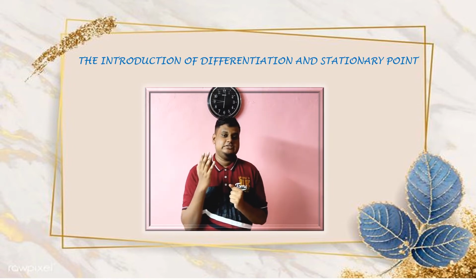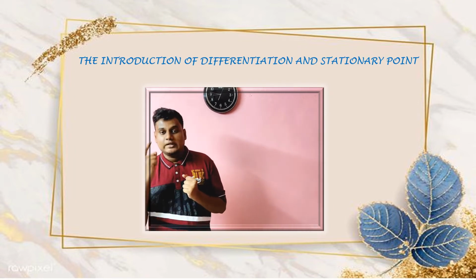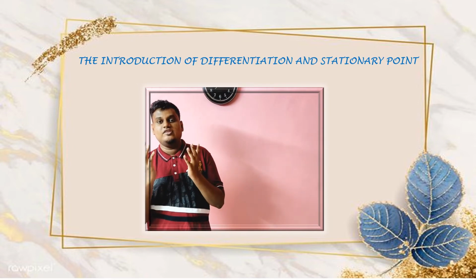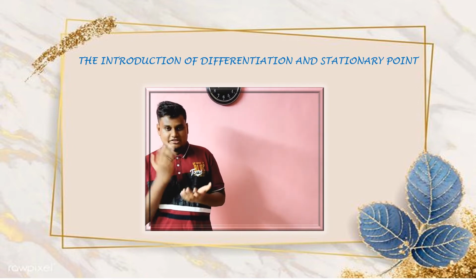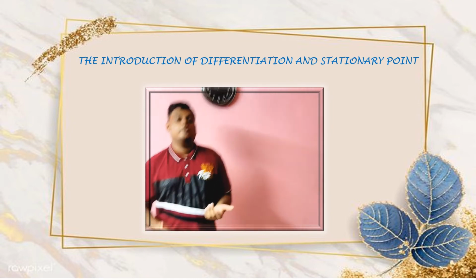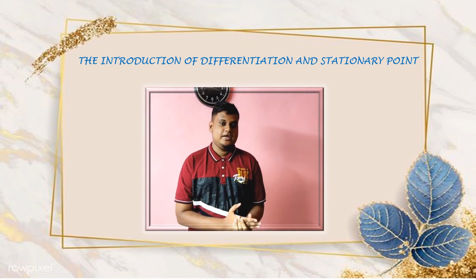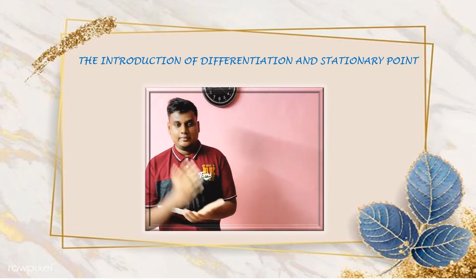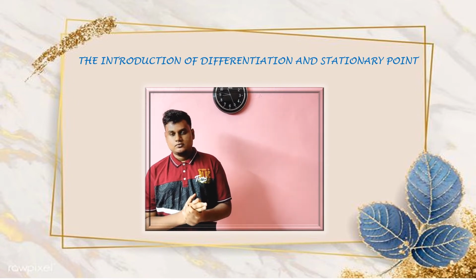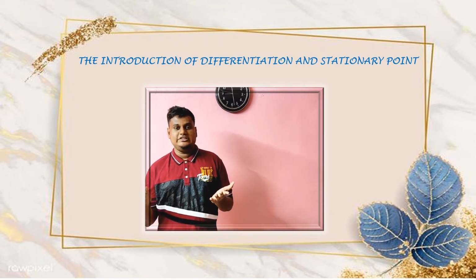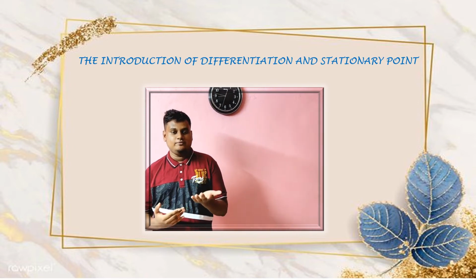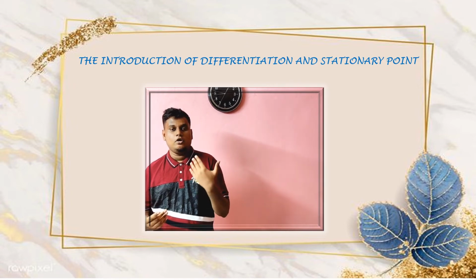The first step is we must know the value of the first order, so we need to differentiate. The second step is we need to know the value of x and y. The third step is we must know the second order, which will determine whether the stationary point is a maximum or minimum.